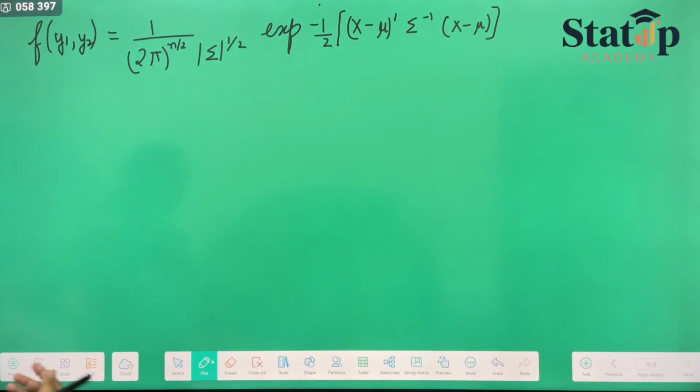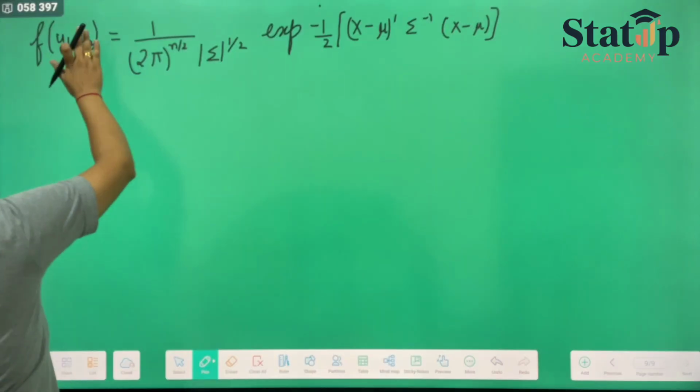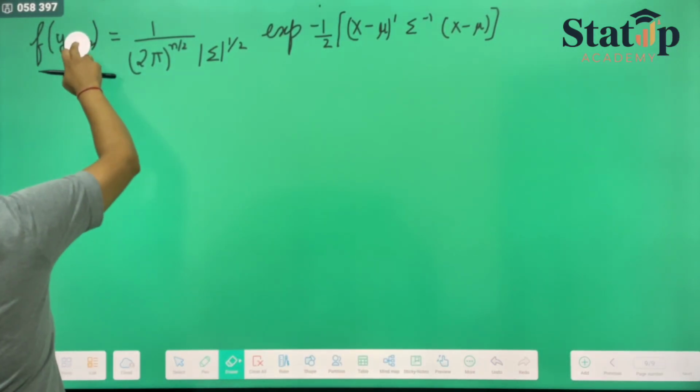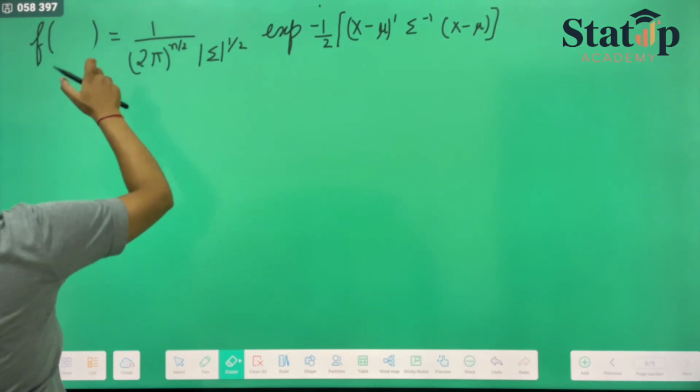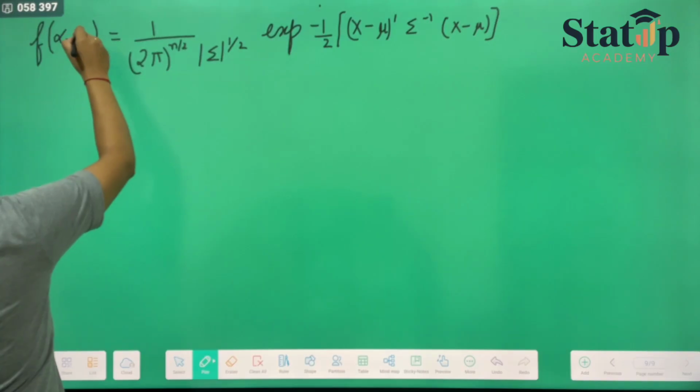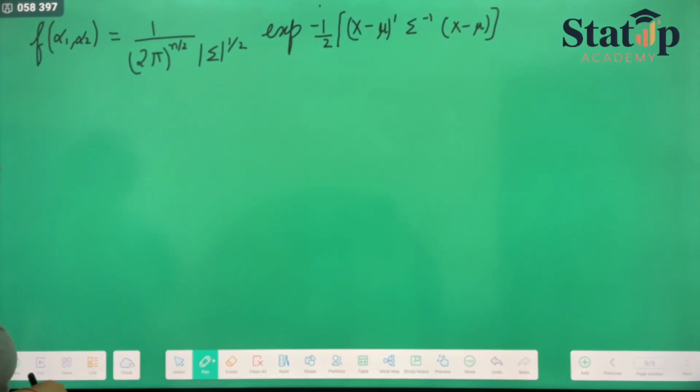Now, since here we are doing the PDF for alpha 1 and alpha 2, so we will write here alpha 1 and alpha 2.